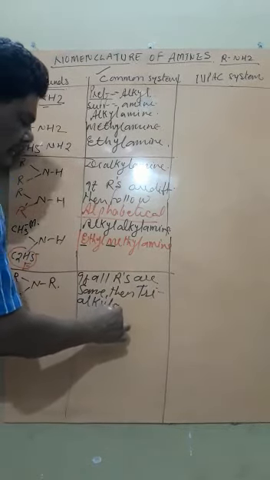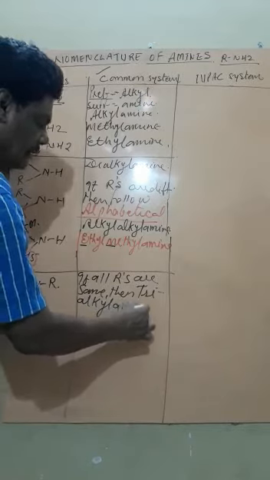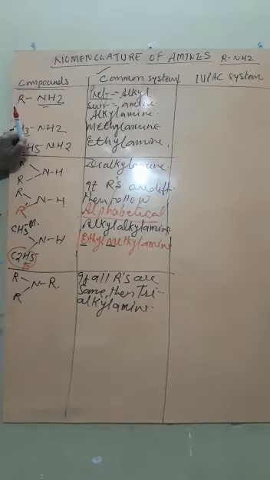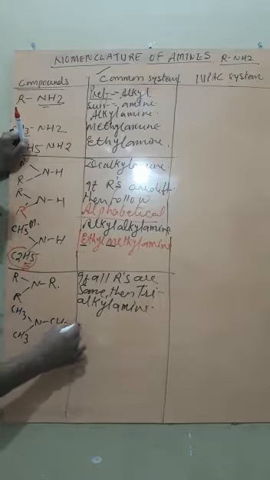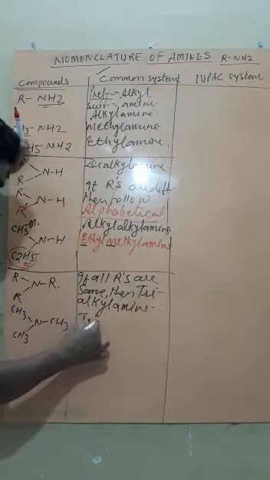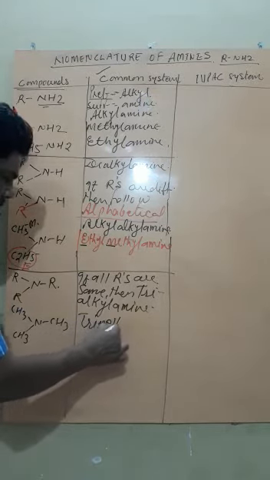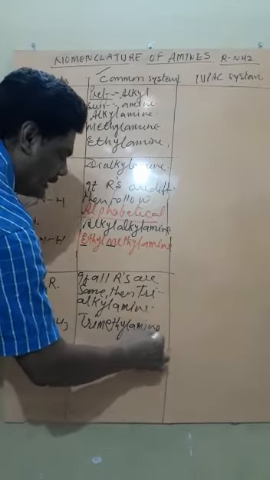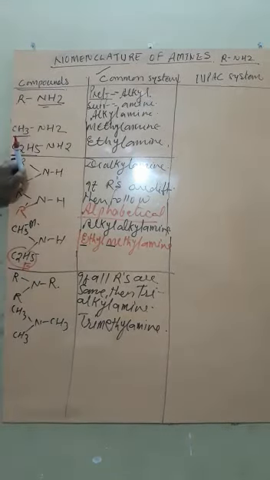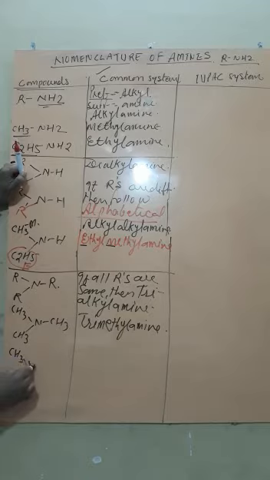For example, if all three are CH3, it becomes trimethyl amine. But if all three R's are different, like CH3, N, then C2H5, and C3H7, we have to follow alphabetical order.